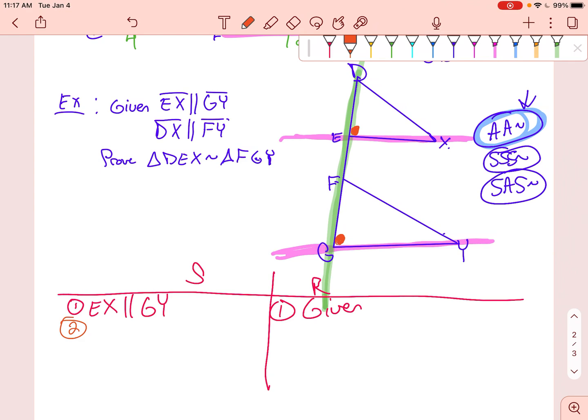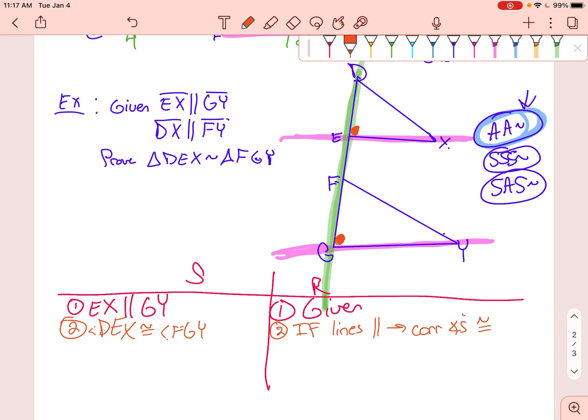So I can say angle, I'm not going to say angle E because I don't know which one you're referring to, so angle DEX is congruent to angle FGY. And again, that's because if lines are parallel, then corresponding angles have to be congruent to each other.